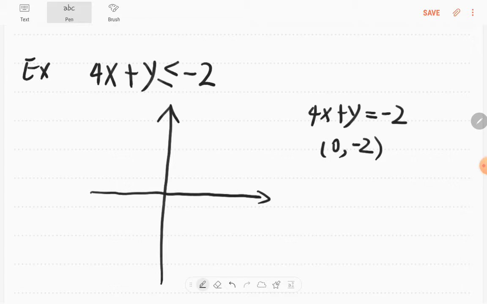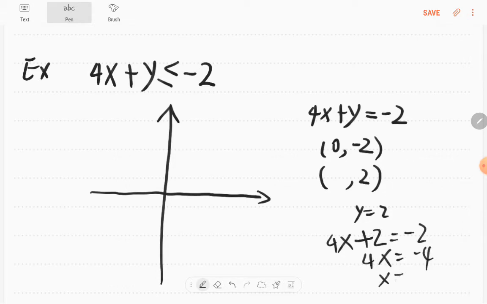The other point is, for example, let me think, y equals 2. If you plug in y equals 2 into 4x plus y equals negative 2, so 4x equals negative 4, so x equals negative 1.